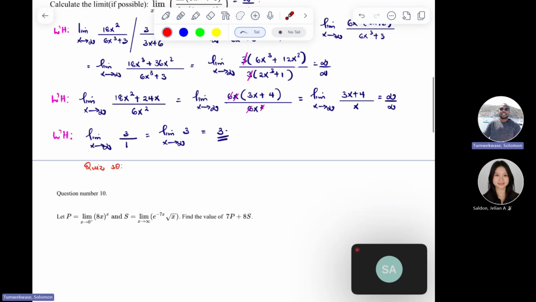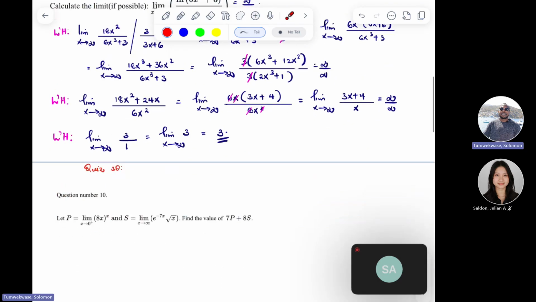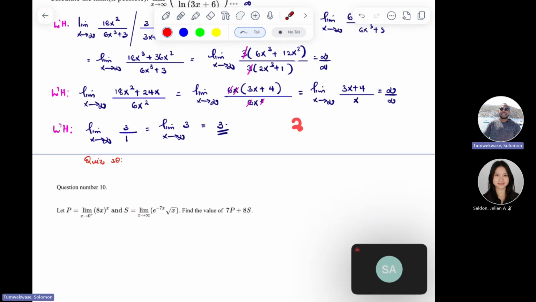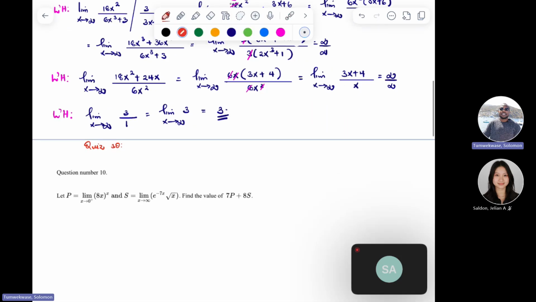Let me give an example. Let's say I do L'Hopital's rule the first time and I end up with a function like 2x plus x, then over x squared. This is just an example.